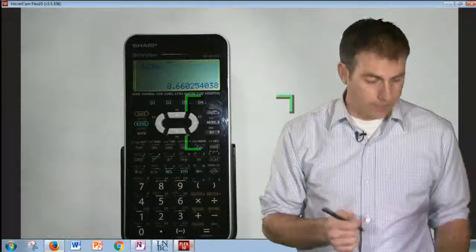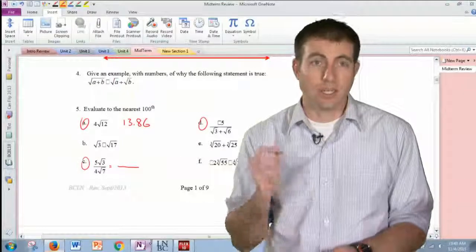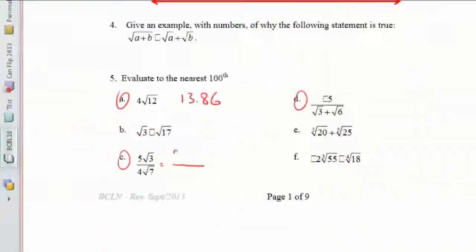I get 8.6602. So I'm going to carry a few decimal places in my question on the top. So I get 8.66, let's go 0.25. I don't want to round until the last step. I only want to round when I get to the very last step. And then on the bottom I have 4 root 7. So I'm going to go 4 root 7, get 10.58300.